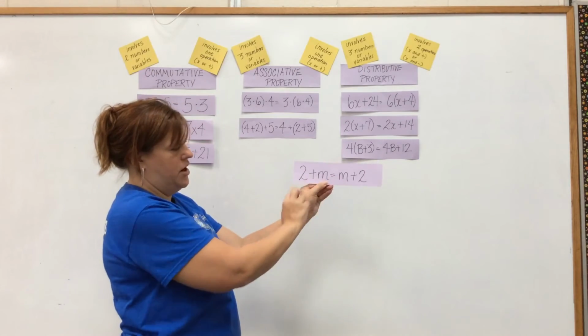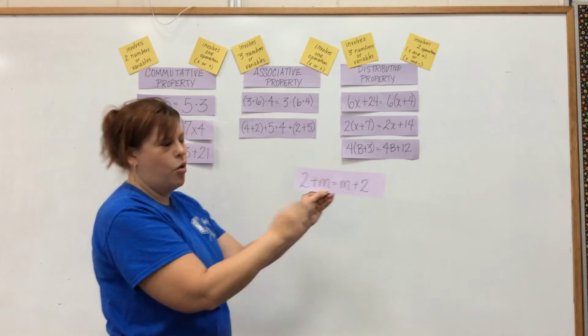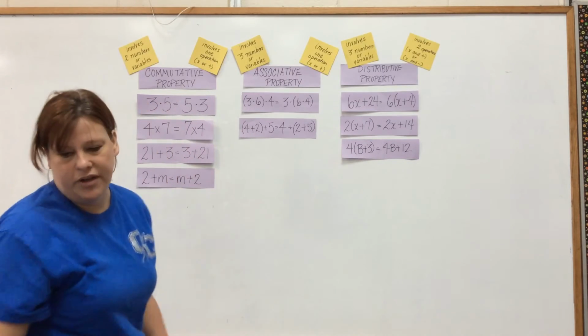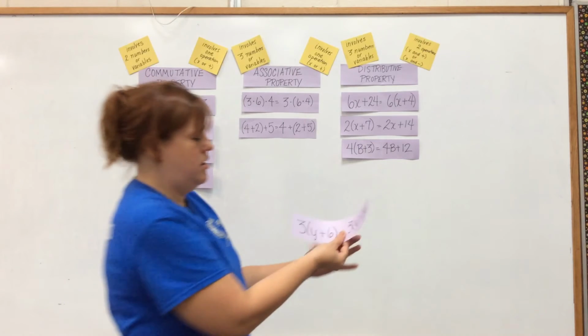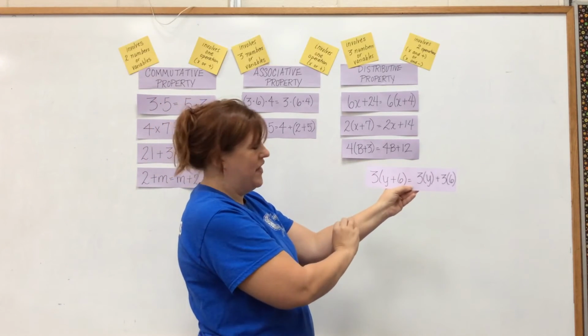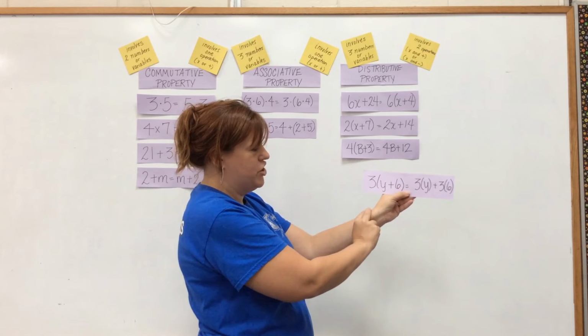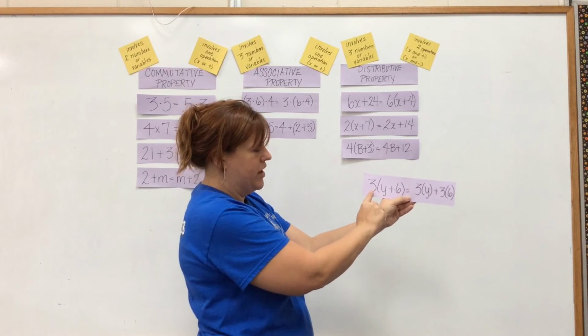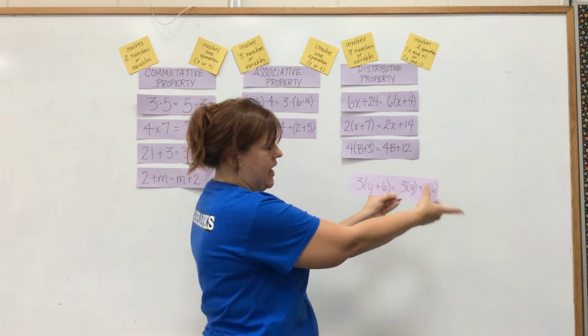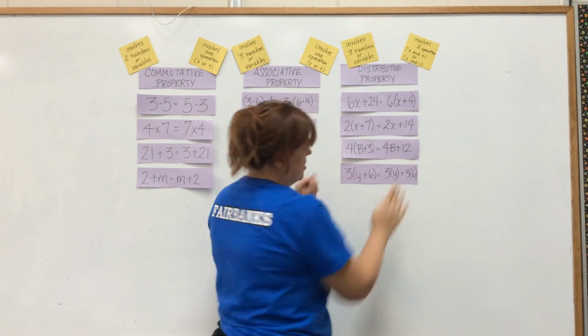Again, 2 numbers, one operation, order is the primary concern there, it's commutative. Okay? This one, if I look at it, I can automatically see there's 3 different things involved. I have 2 operations, and I know it's distributive because I'm taking that 3 and I'm multiplying it by y, and then I'm taking that 3 and multiplying it by 6. So it's distributive.